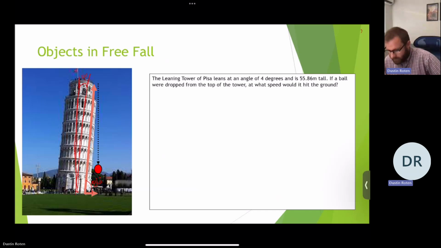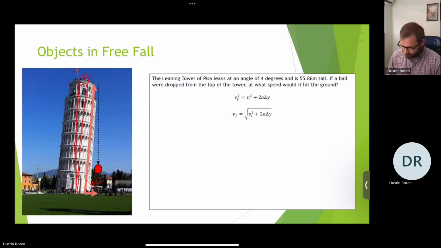Well, notice that we don't have any information about a time. We don't have a stopwatch. At least the problem doesn't say we have a stopwatch. So that means we need to use this new equation that you're going to build in a problem set to actually calculate the final velocity of this ball when it hits the ground.